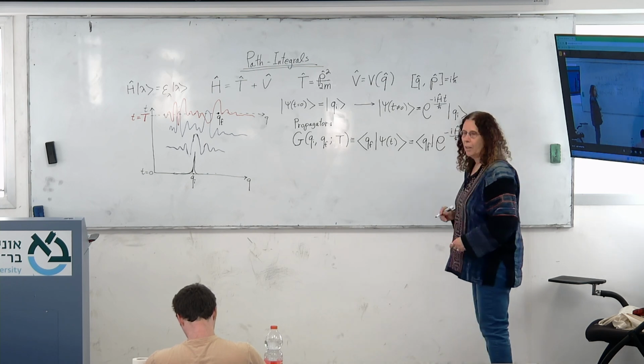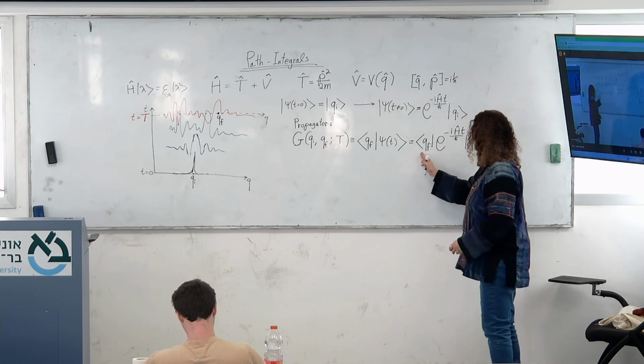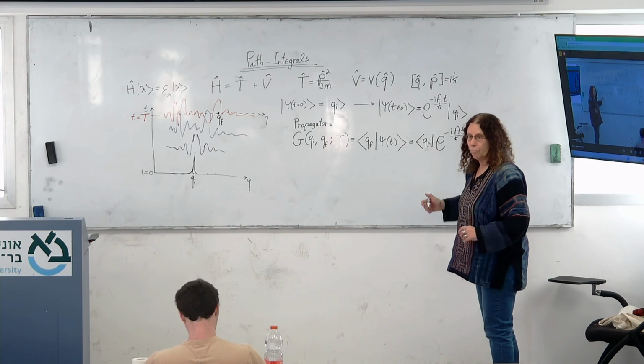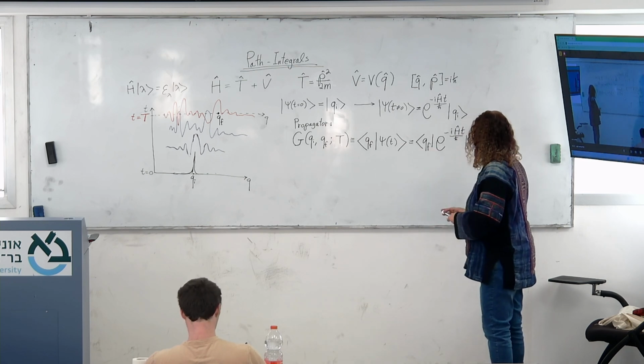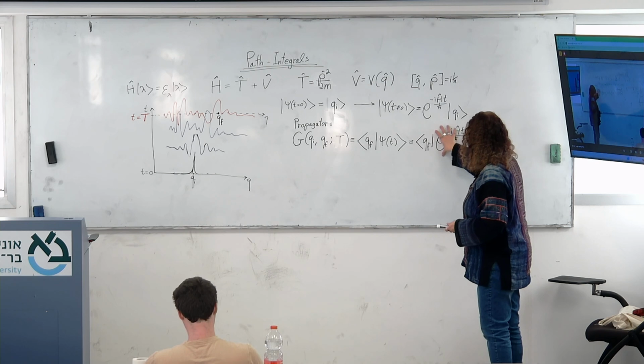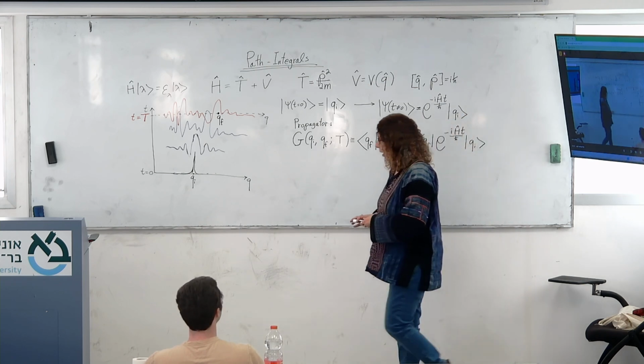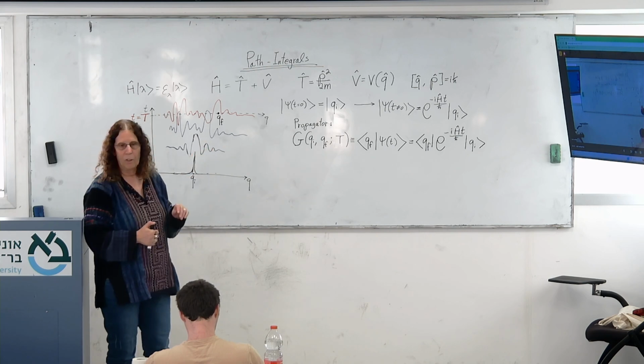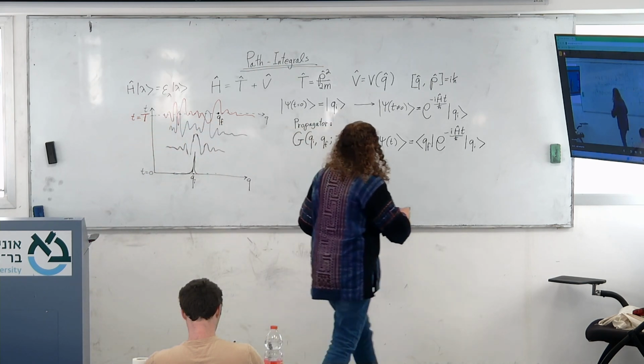And it's the matrix element between qi and qf, initial and final. Okay? That's what it is. And the operator that comes in, of which I have to calculate the matrix element, is an exponent of the Hamiltonian. Sorry.